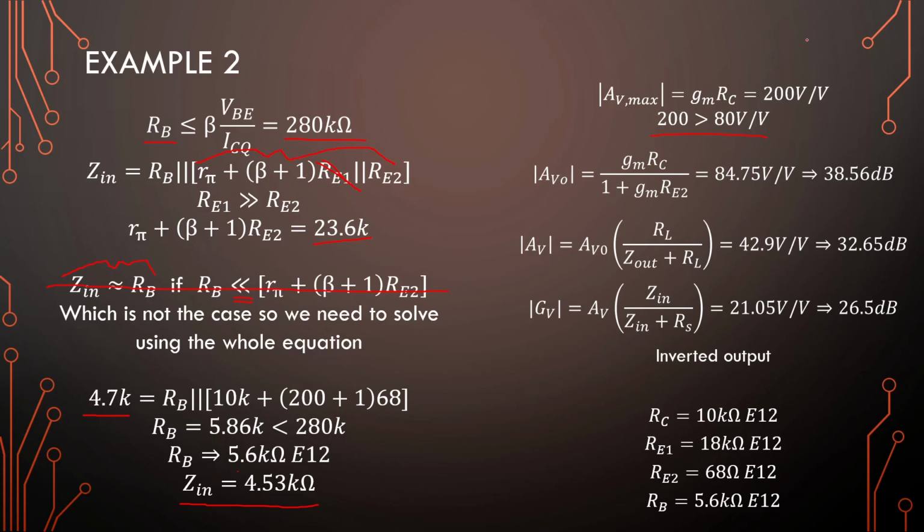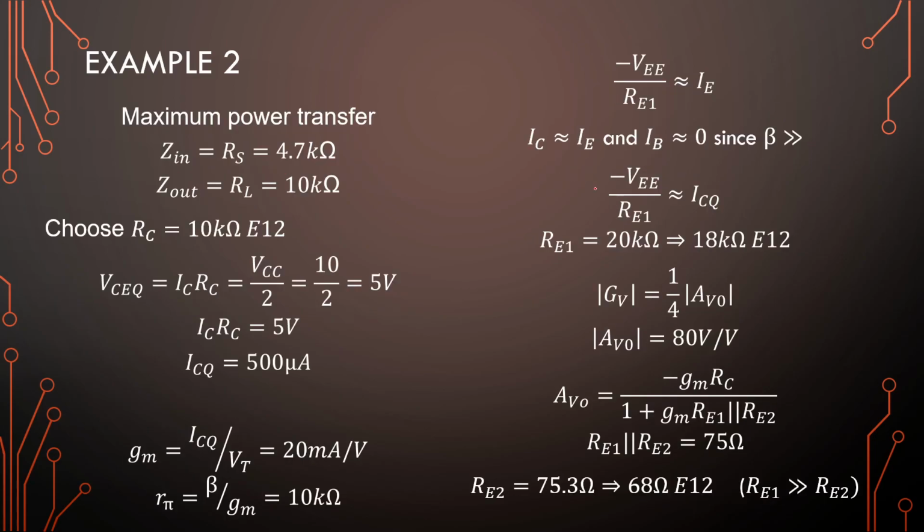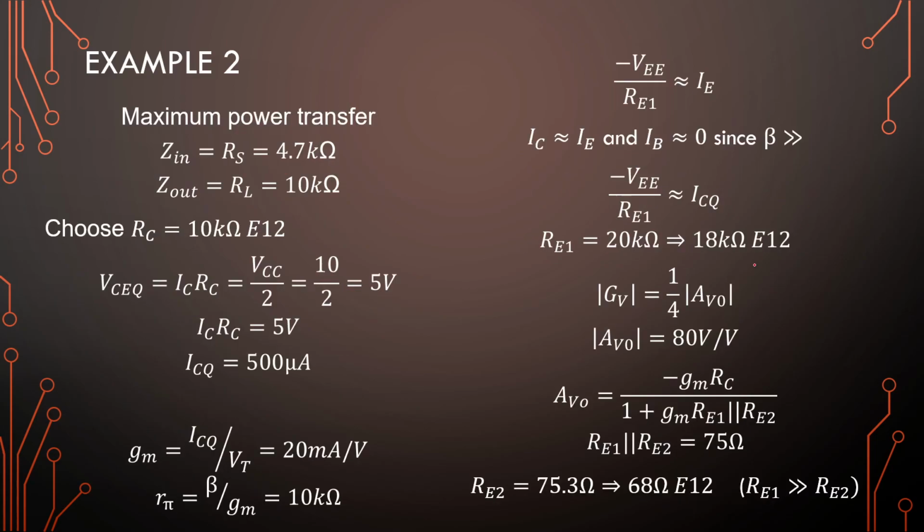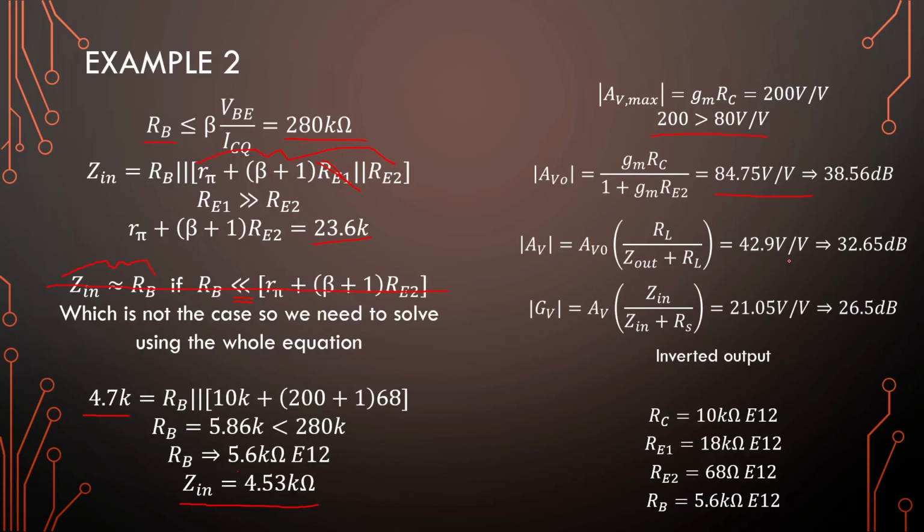It would be better to do this test earlier on in your problems, but it would have become apparent when you were trying to solve this equation right here. Calculating the maximum gain using RE2 gets us 84.75 volts per volt. AV0 is 80 volts per volt. Great.